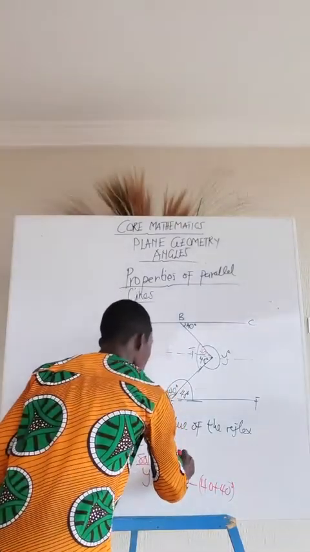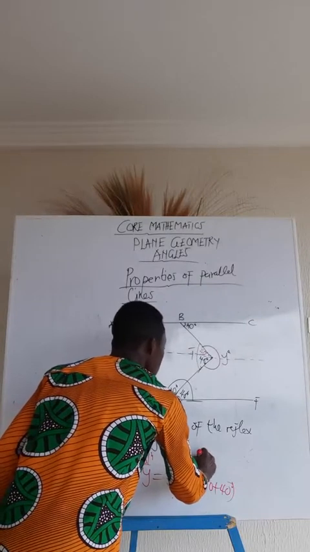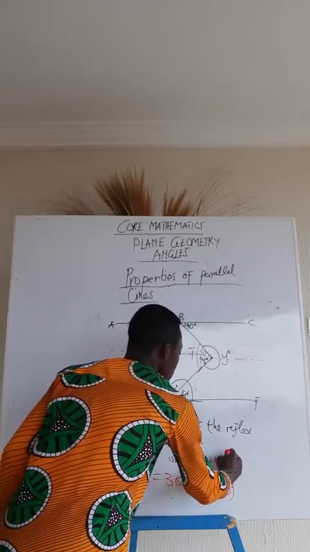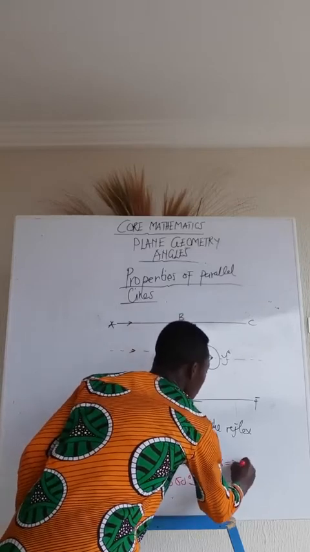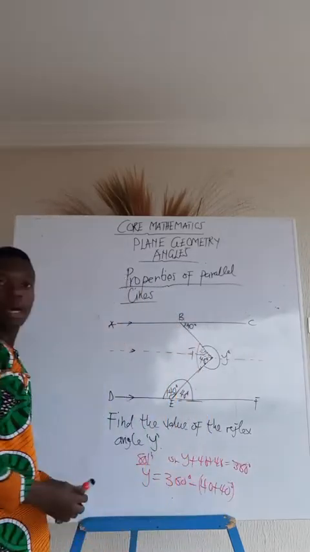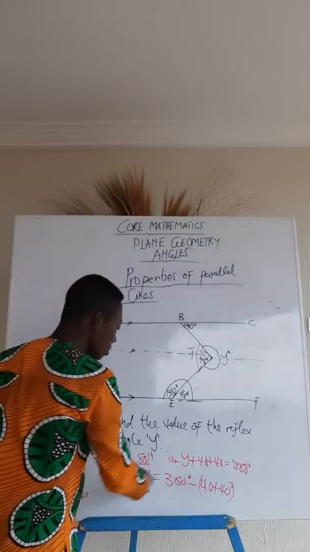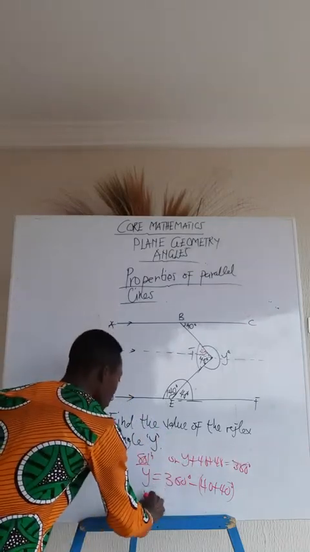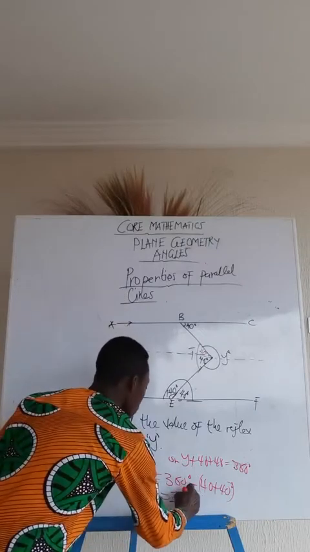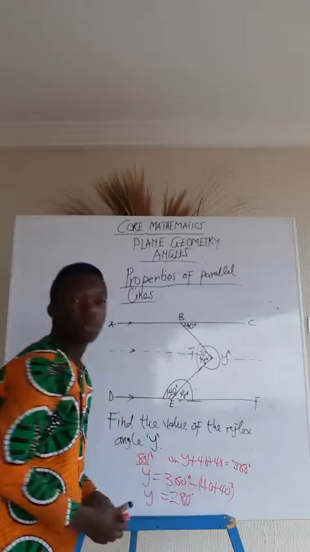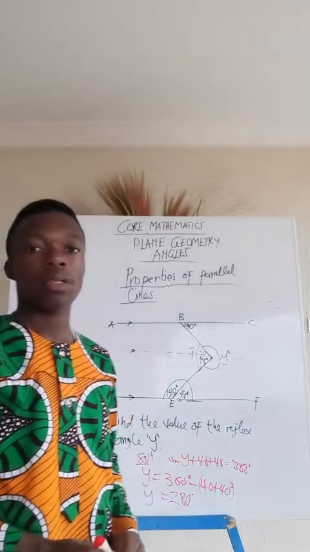Or I can say that y plus 40 plus 40 is equal to 360 degrees. Either way, therefore y is equal to, when I work this out, 280 degrees as my answer.